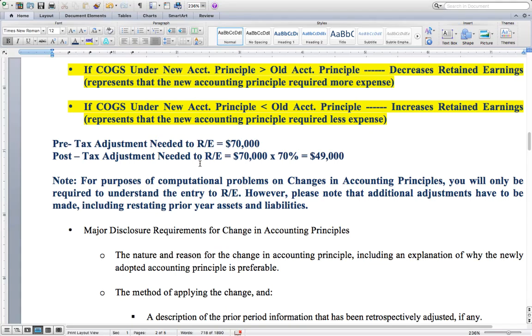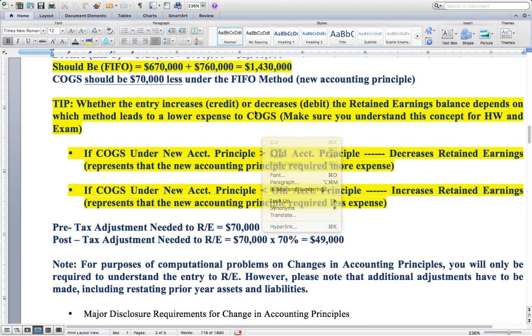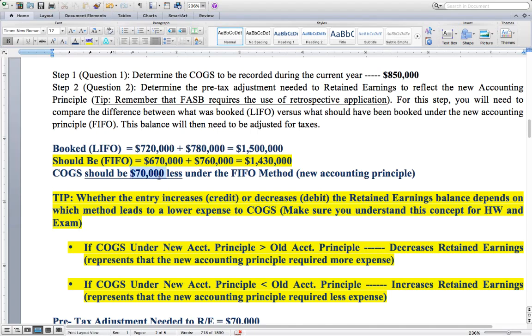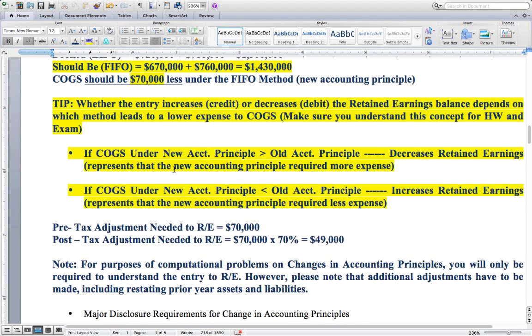So first you need to determine what the pre-tax adjustment is to retained earnings. The pre-tax adjustment is going to be this change up here, the 70,000 that we just calculated. Then the post-tax adjustment needed to retained earnings. Since your net income is taxed, when you get to your net number, it is taxed, and that number is then pulled into retained earnings.